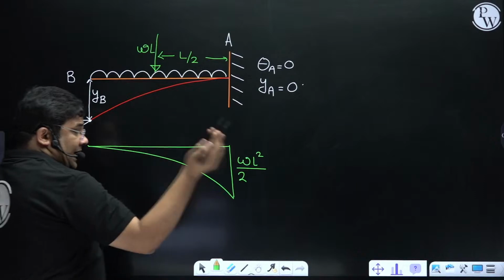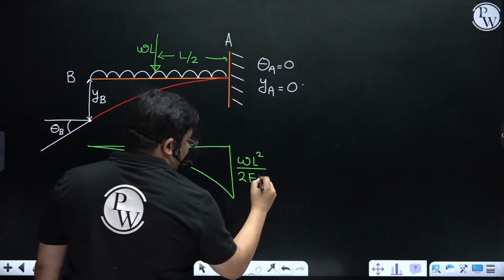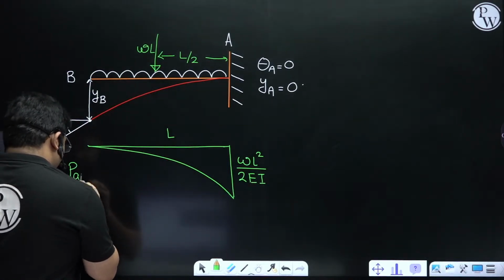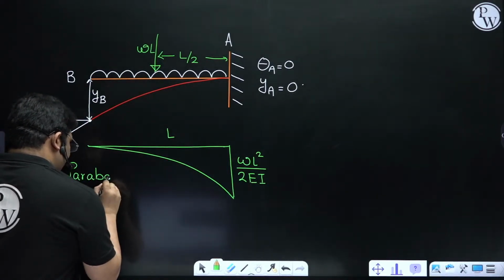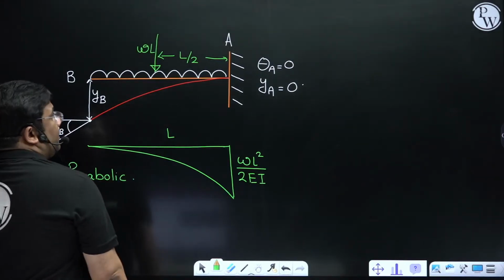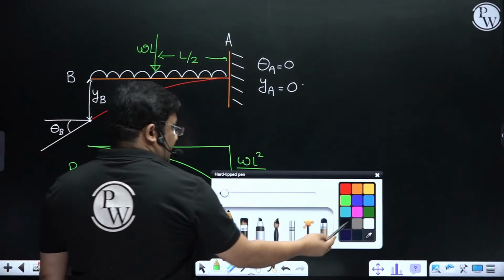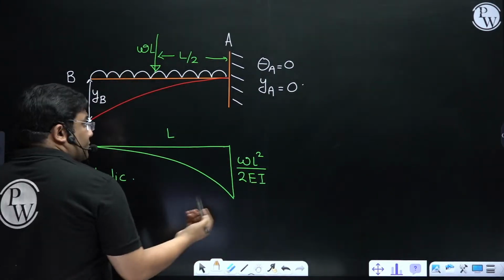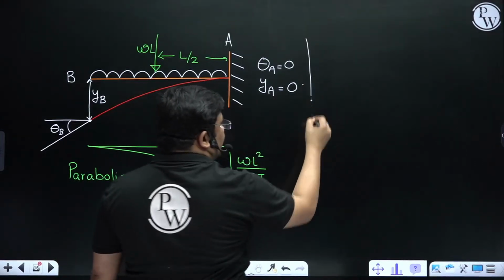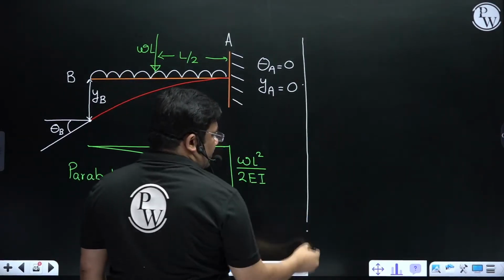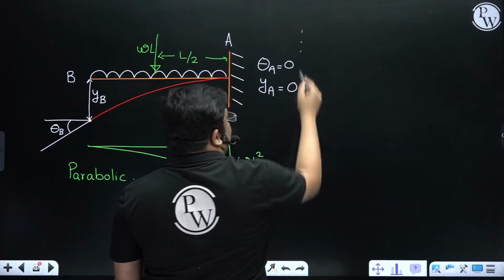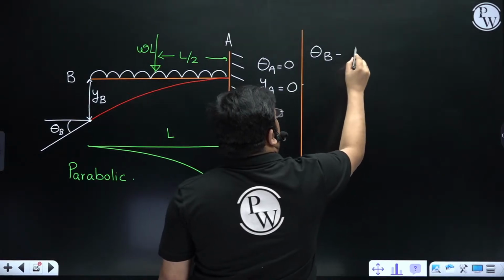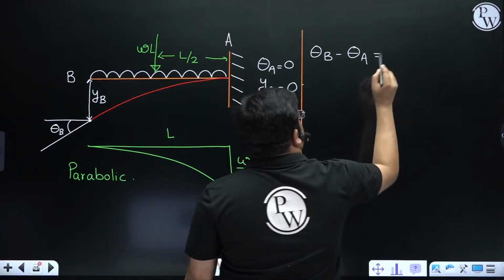But we have to take the M by EI diagram, so I will divide by EI. And this is L. And this is a parabolic distribution. Okay, very good. So what I got is the bending moment diagram, or the M by EI diagram in fact. So when I take the difference of slopes, if I take theta B minus theta A, it is the area of this M by EI diagram.